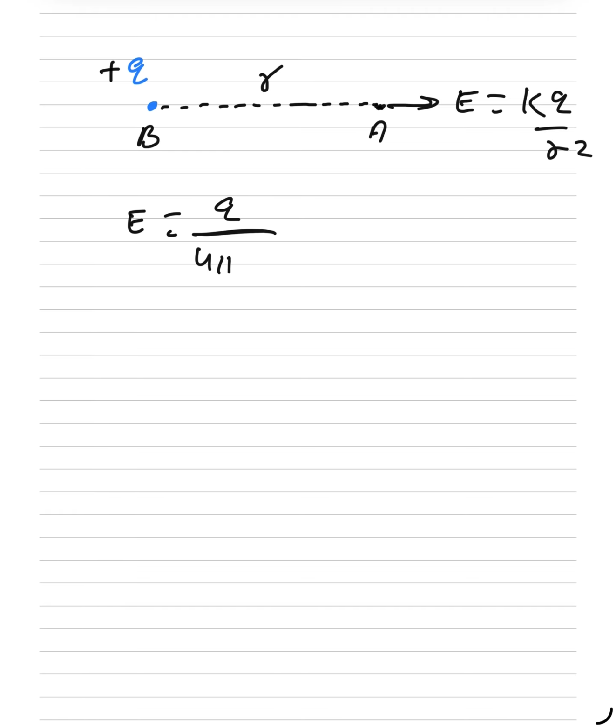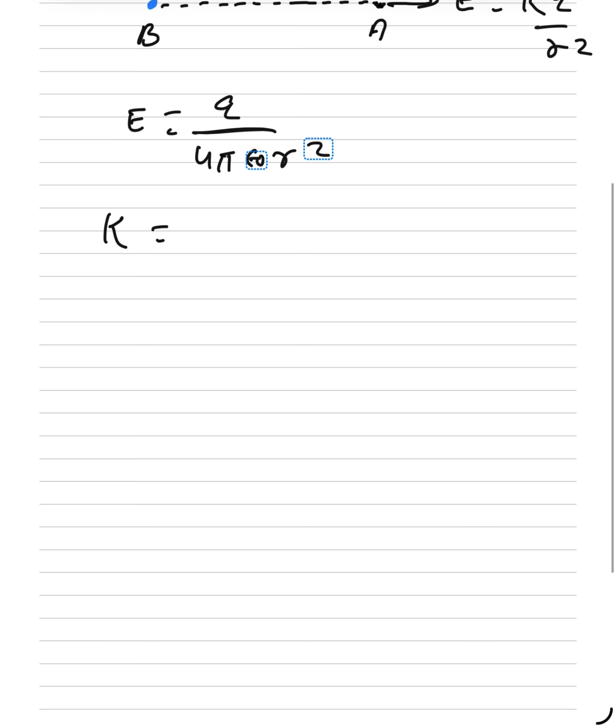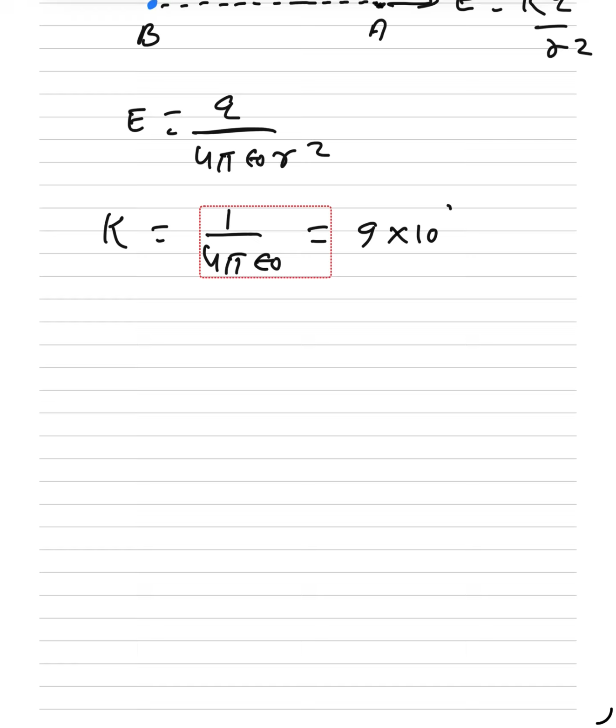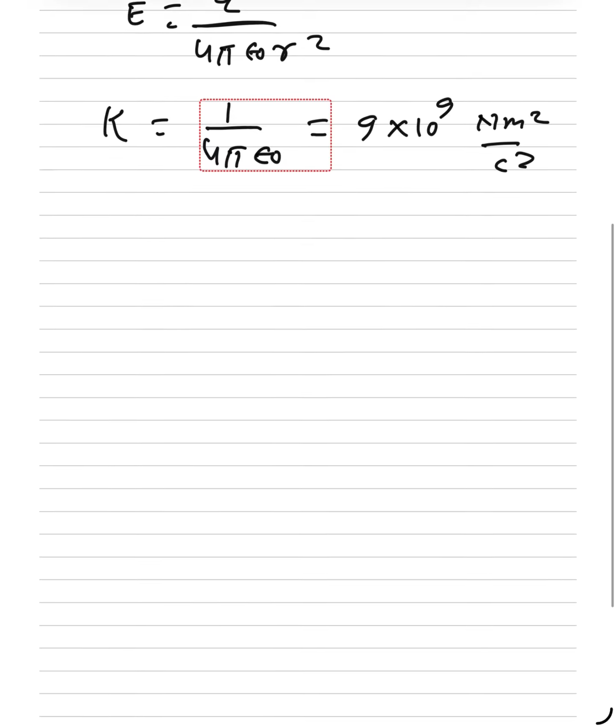E equals q divided by 4 pi epsilon naught r square, because k is the electrical constant and the value of k equals 1 by 4 pi epsilon naught. Another value of k is 9 into 10 power 9 newton meter square per coulomb square.